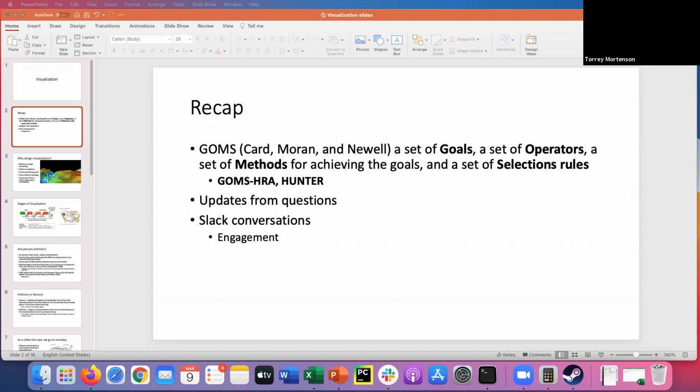Oh, and really quick, sorry. GOMS, yeah, I saw there was one of the threads discussing it. Nathan explained it as breaking down tasks into basic components. That is very much what it is. So good job, Nathan.